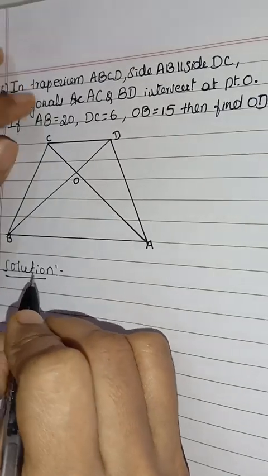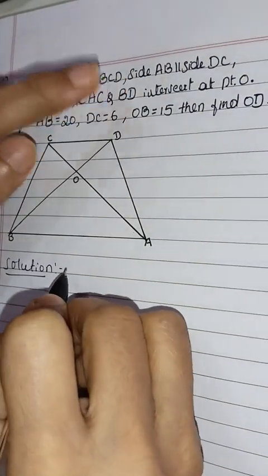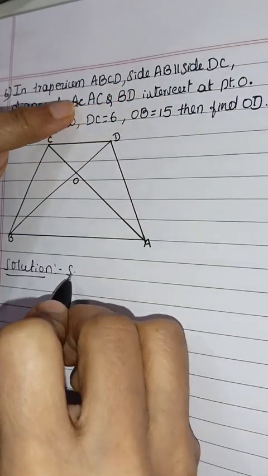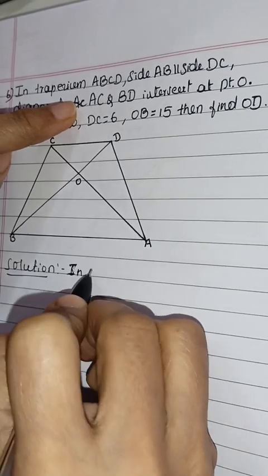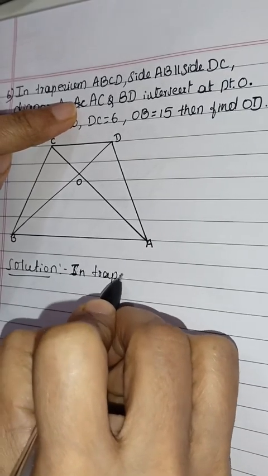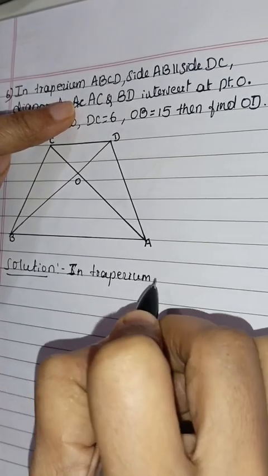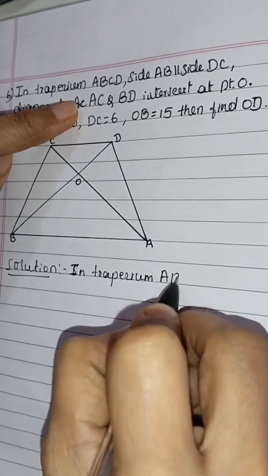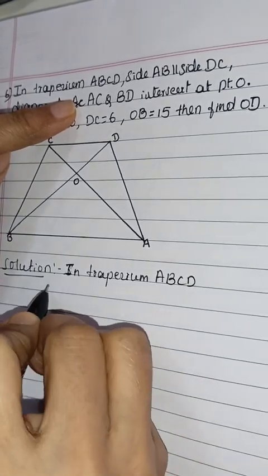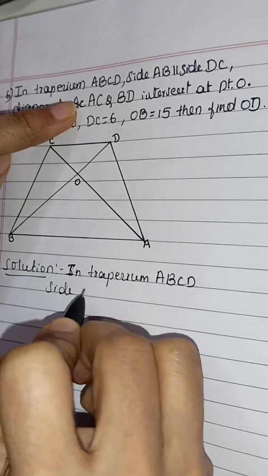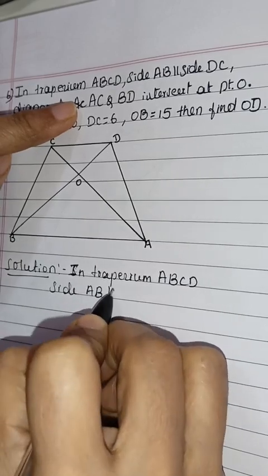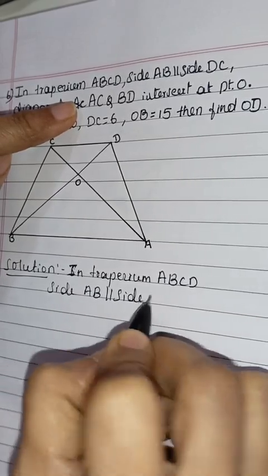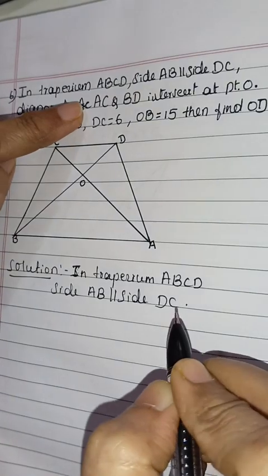Here we'll write the given. In trapezium ABCD, side AB is parallel to side DC.